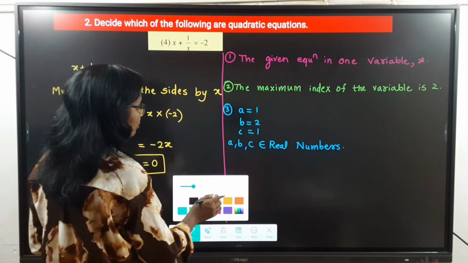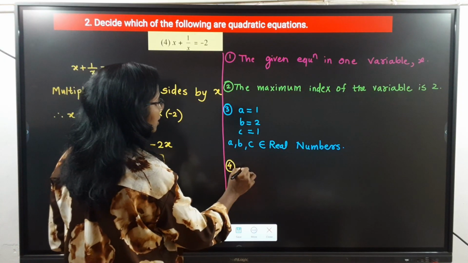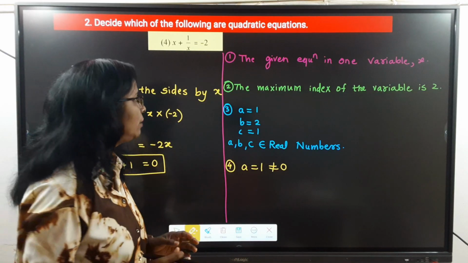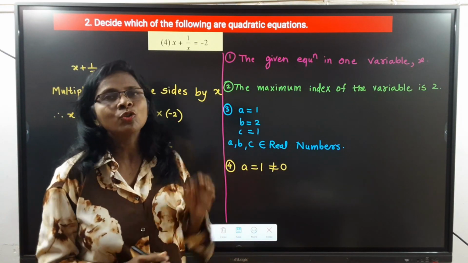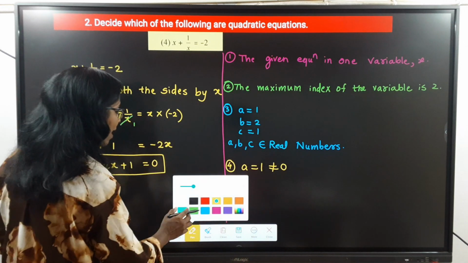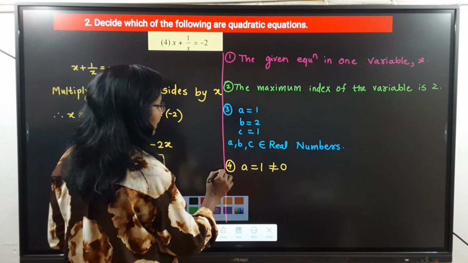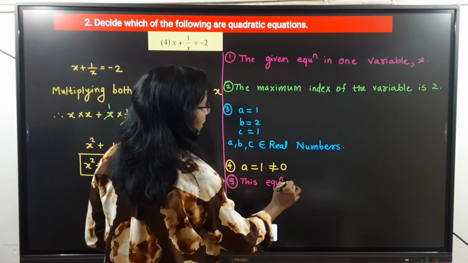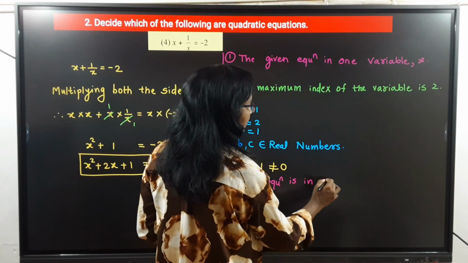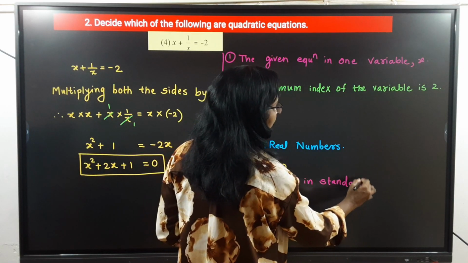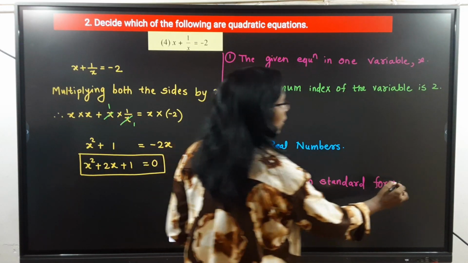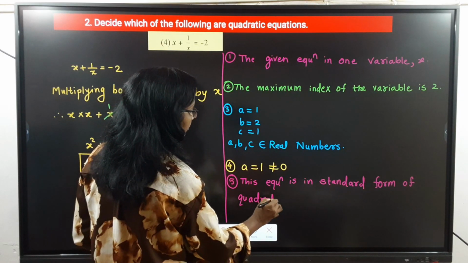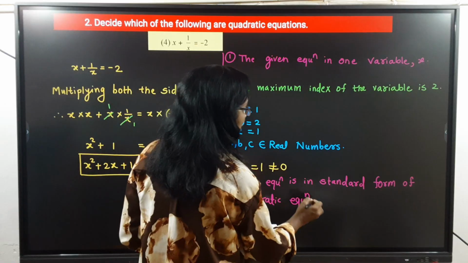Then the fourth condition, a is equal to 1 which is not equal to 0. This condition is also fulfilled by this equation. And the last one, students, that this equation is in the standard form of a quadratic equation.